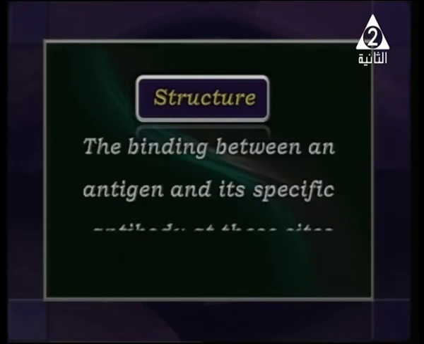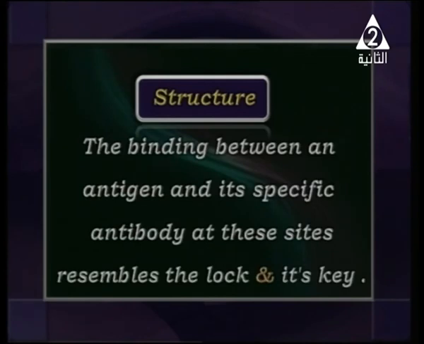And also, the binding between the antigen and its specific antibody at this site looks like the lock and its key. Get the meaning here? Antigen, again, as we said, is related to the bacterial cells or the pathogen, while the antibody is something from your body, the lymphocytes.